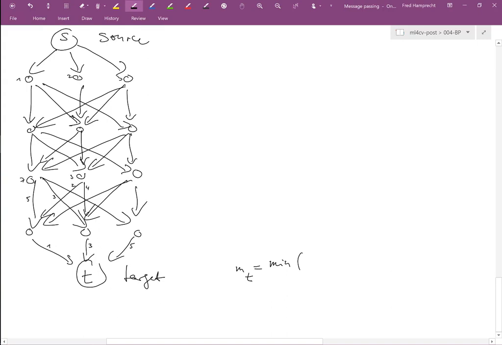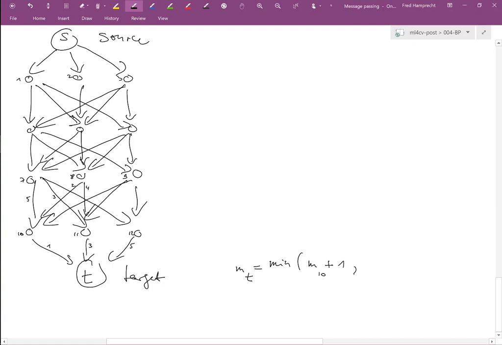This one is 7, 8, 9, and this one is 10, 11, and 12. So how do I get to the target? I can either get to the target by traversing node 10. So I need to pay at least the minimal cost of getting to node 10 plus a transition cost of 1, because I pay 1 to go from node 10 to node T.